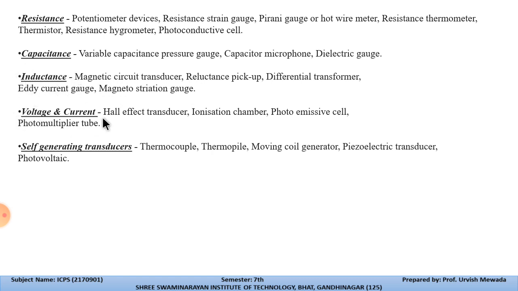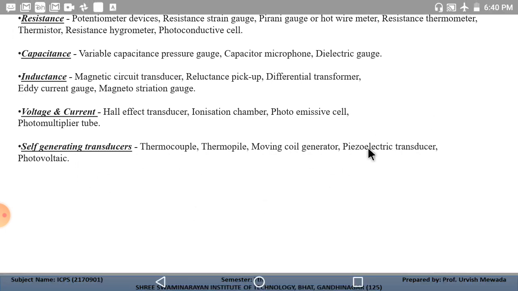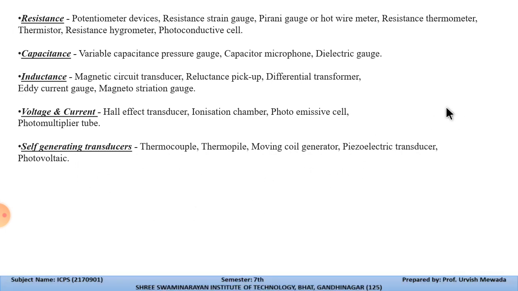Voltage and current transduction can be done with the help of the Hall effect transducer, ionization chamber, and photo emissive cell. Then self-generating transducers include thermocouple, thermopile, and moving coil generator. We will discuss all the transducers in detail in the next chapter, so no need to worry about their working principle.